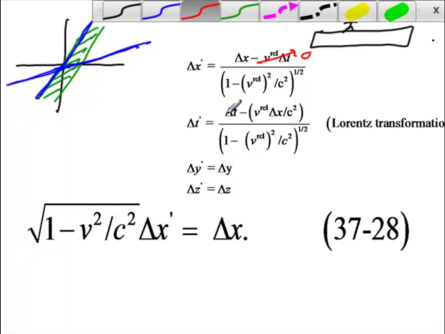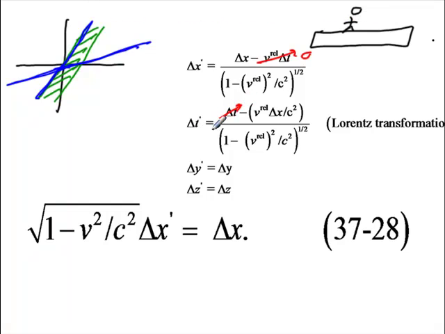If delta t is 0, then delta t primed is negative v delta x over c squared divided by this factor. In other words, when I'm looking at the 2 ends, they are not simultaneously at those points from his perspective.